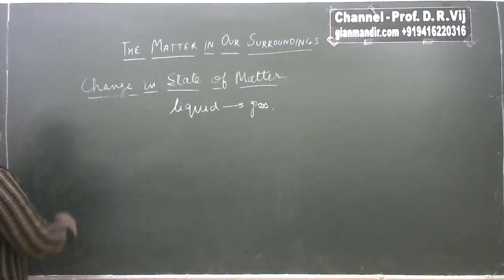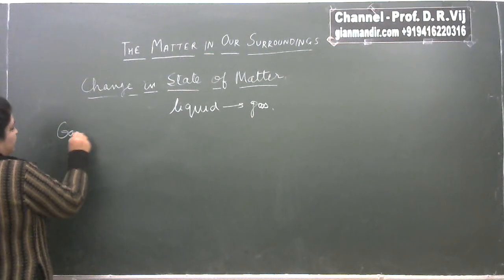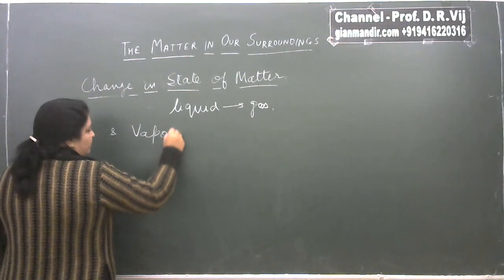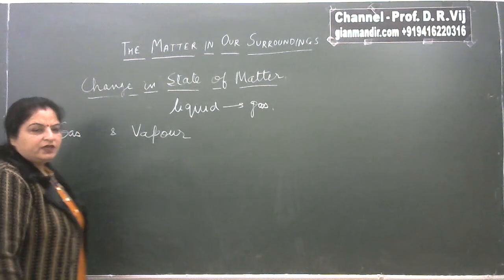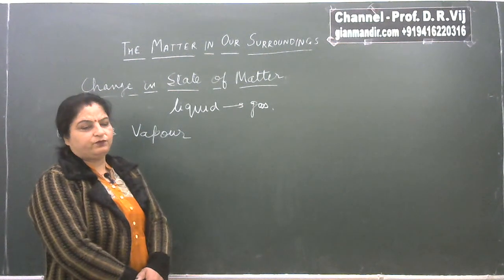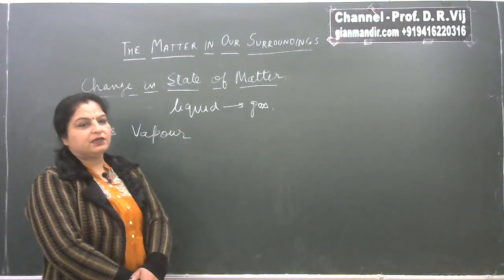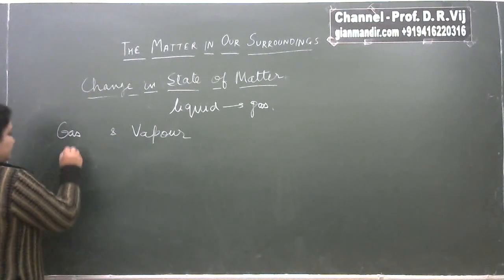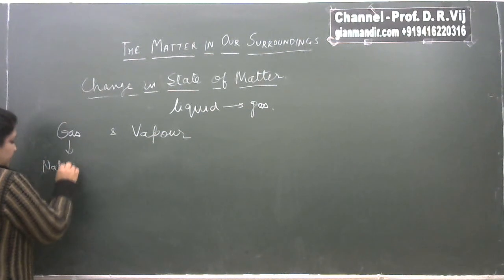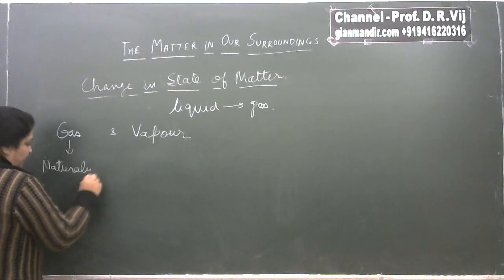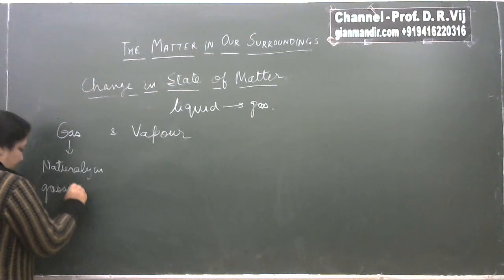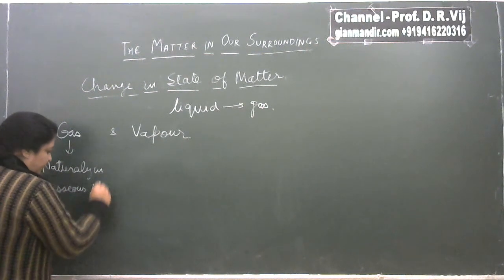So the first difference we discuss here is about gas and vapor. Is there any difference between a gas and vapor? Apparently it looks as if the two are the same, but they are not. Gas is the substance which is naturally in gaseous state at room temperature.